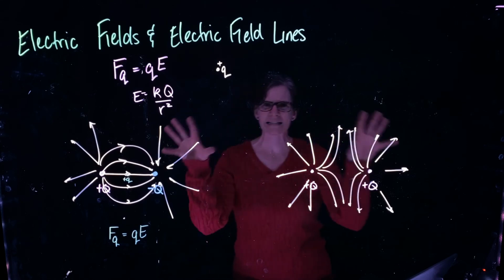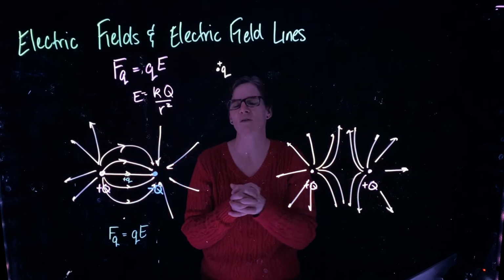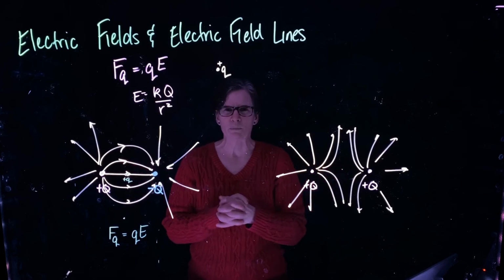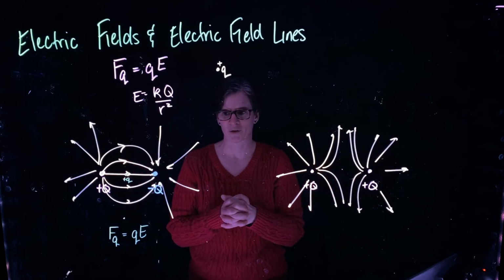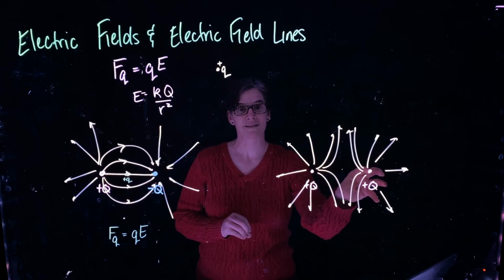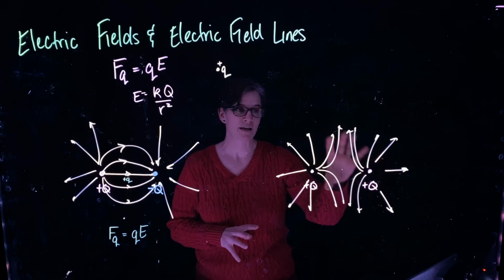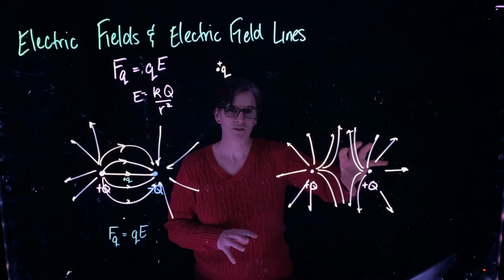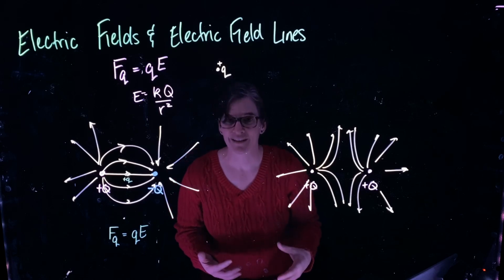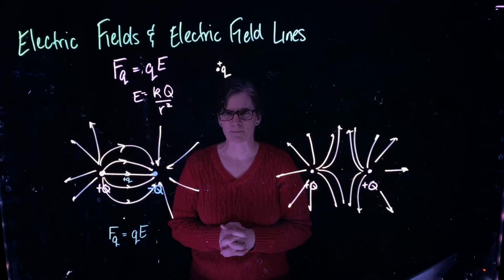So we can conceptually describe what happens to the electric field and visualize those electric field lines of two identical particles. If I were to increase the strength on one side, so if the right side positive Q was larger, those electric field lines would be a little bit stronger. And the shape of my spreading out is going to look different.